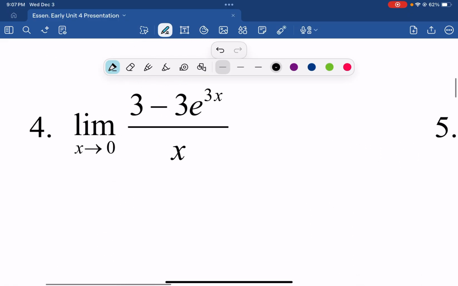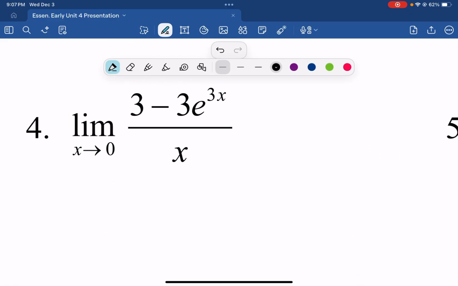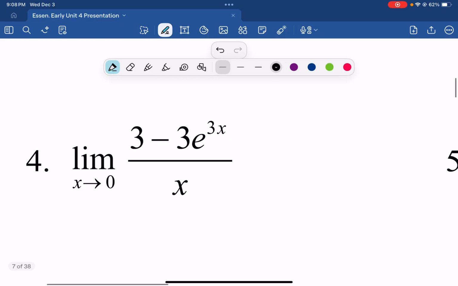Okay, let's look at number 4. Number 4, I've got the limit as x approaches 0 of 3 minus 3e to the 3x over x. Okay. Right, kind of just what happens if I do plug in 0. On the top, if I do 3 minus 3e to the 3 times 0, well, that gives me e to the 0. Okay, and I'm going to write out in pink, just so I can show you my thought here.